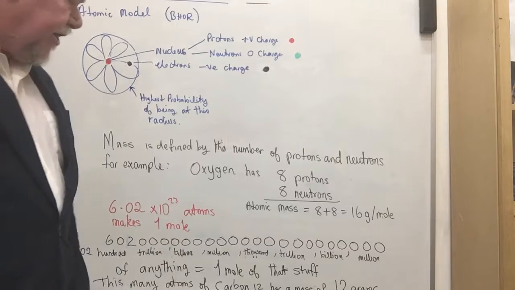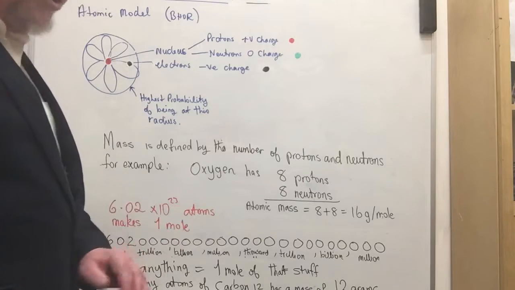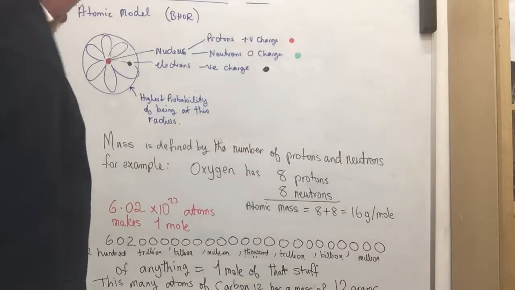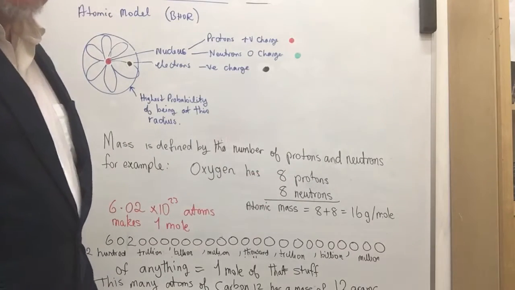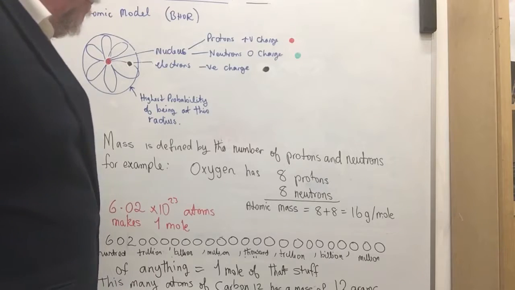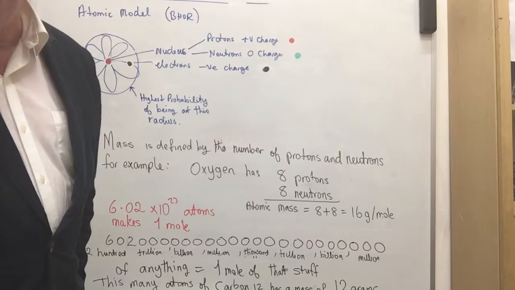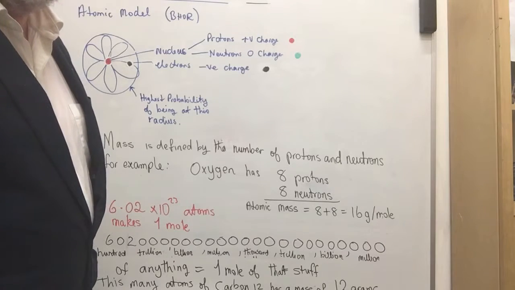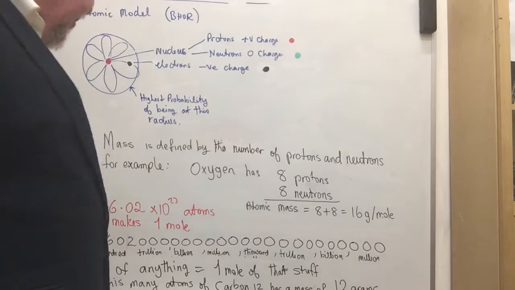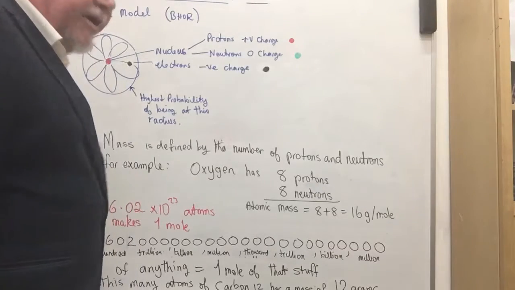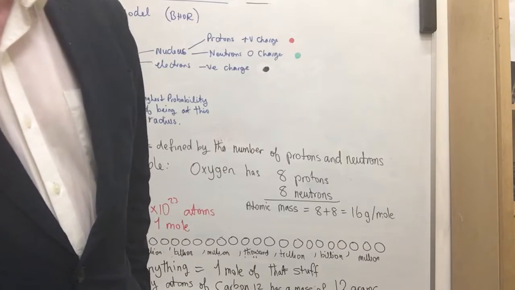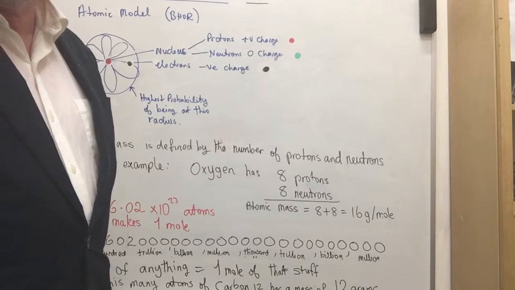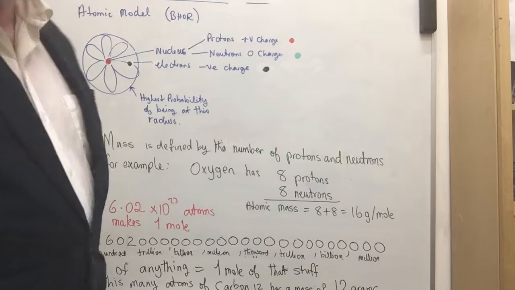So carbon 12, 12 grams of it, will be this many atoms of carbon. If we try to picture that in terms of real life, you can imagine what your average pencil looks like. Everyone knows what a nice fresh new pencil looks like. Well, imagine that pencil weighed 12 grams.